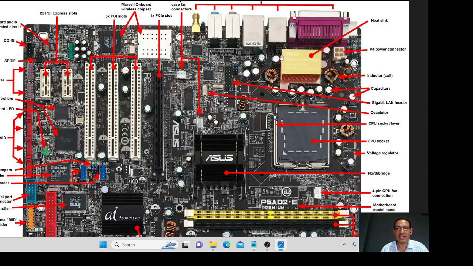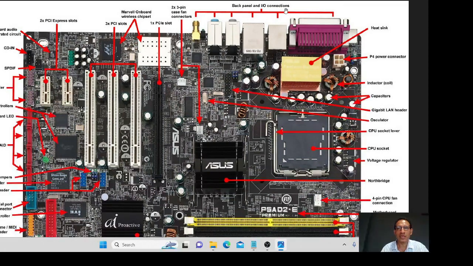And you can see in this area the I/O input and output connections. So sound here and sound here. After that, the universal serial bus USB interfaces are here, as well as the LAN port or NIC, network interface card. I will show you that in this one. And the parallel port here for printers.